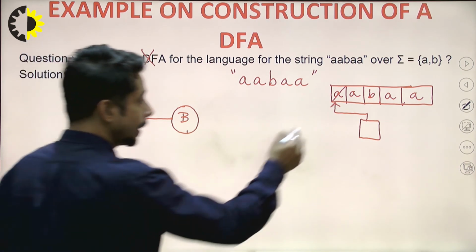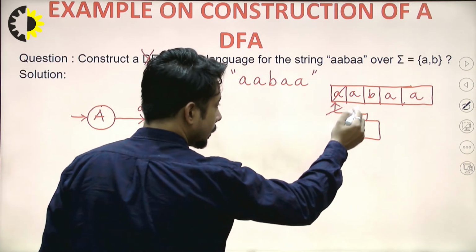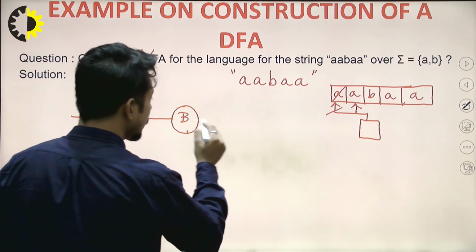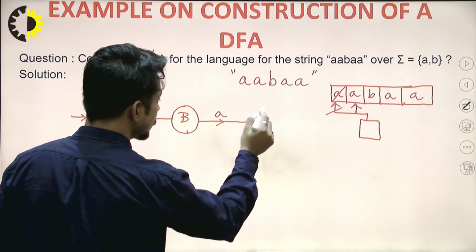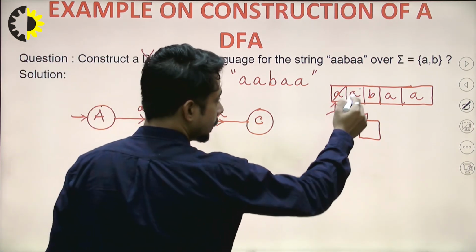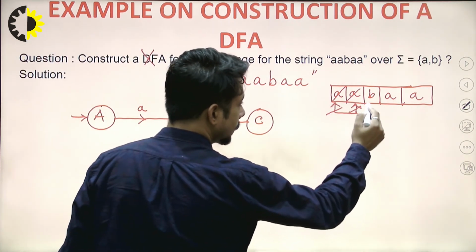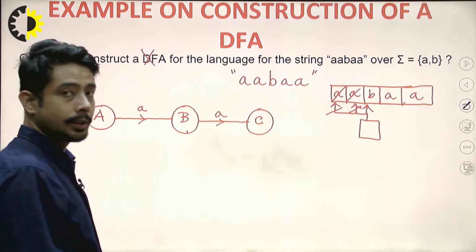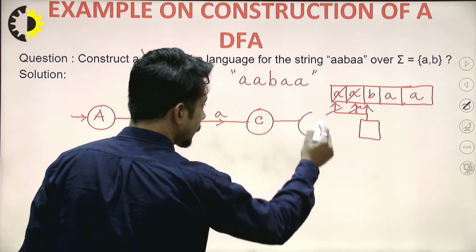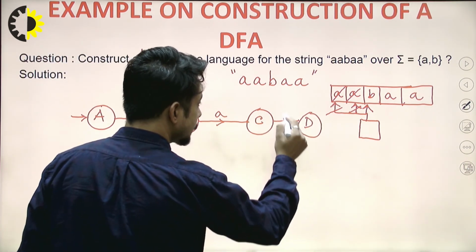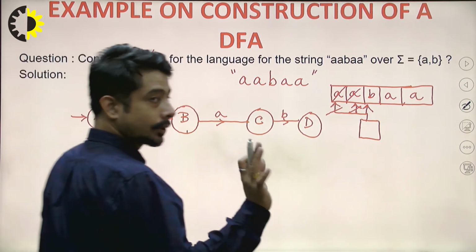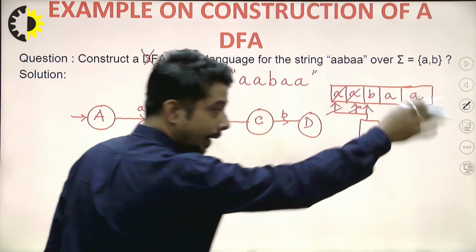Then the tape head reader will move from here to here. Now the next alphabet is A. Then again I will draw an A transition from state B to state C. A is read, then the tape head reader will move to the next position, which is B. So from state C it will go to another state, say D, and this transition will be B. Till now it is not done, until it reaches the end point.